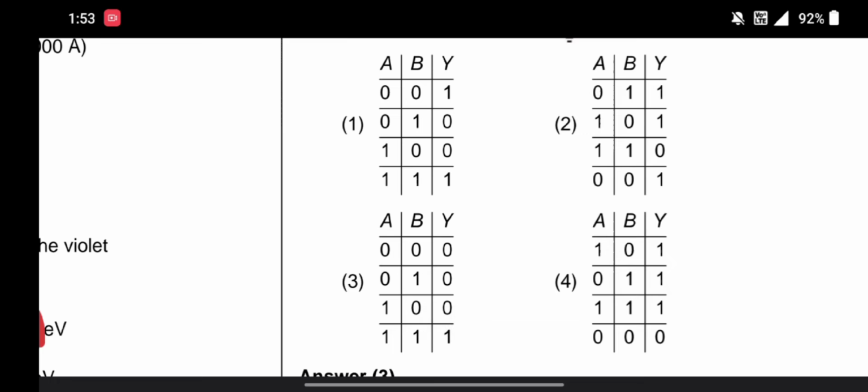In a truth table, what you remember is, take one example, 0 into 0: it should be 0 or it should be 1. If it is 0, the next one, 0 into 1, should be 0, right?